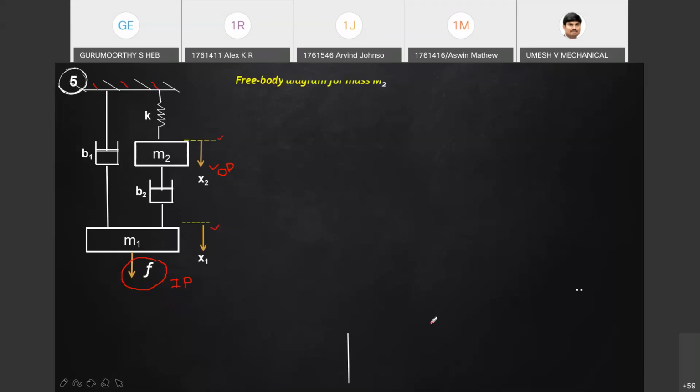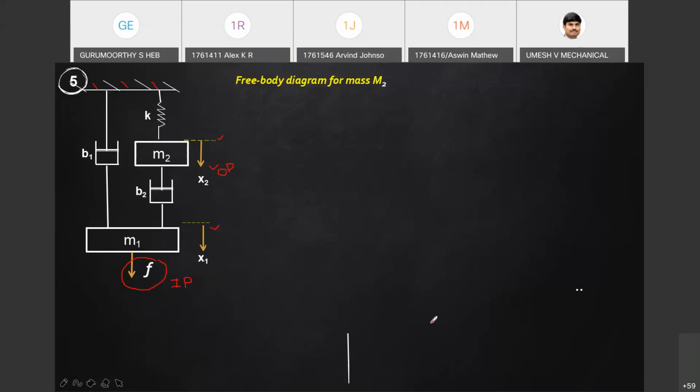First, see the free body diagram for mass m2. Again, same question. Can you please chat how many forces are to be shown with mass m2? 3. Ria is 3. Why do all of you have so much difficulty?